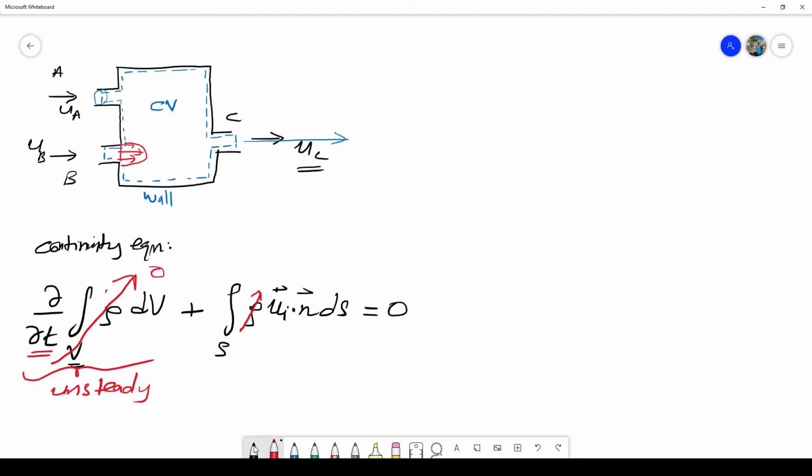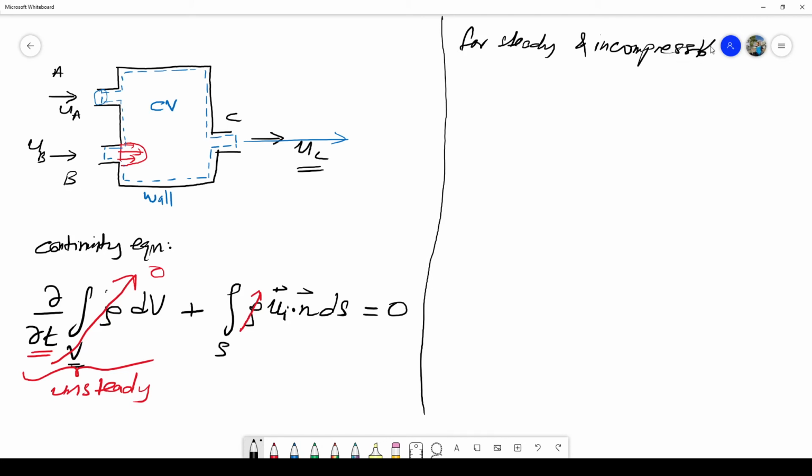So the continuity equation has now reduced from the one that we have for the full aerodynamic problem. Now it can be written for the steady and incompressible flow problem.